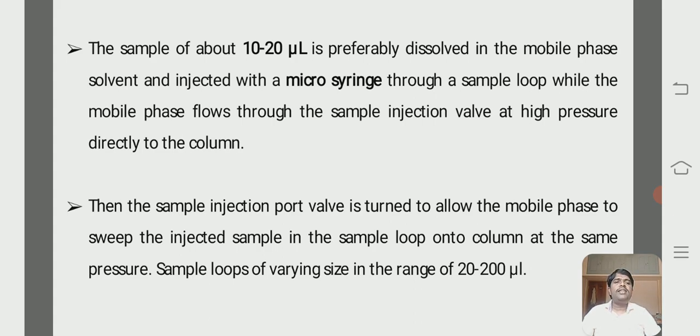Then the sample injection port valve is turned to allow the mobile phase to sweep the injected sample in the sample loop onto the column at the same pressure. Sample loops vary in size in the range of around 20 to 200 microliters.